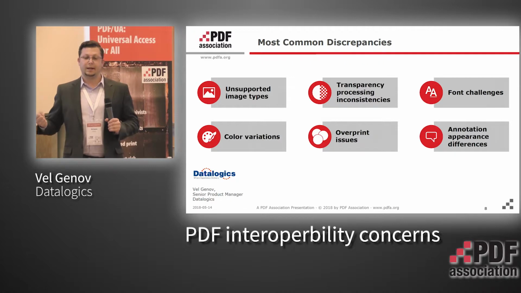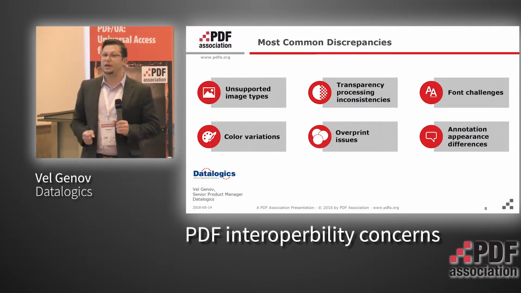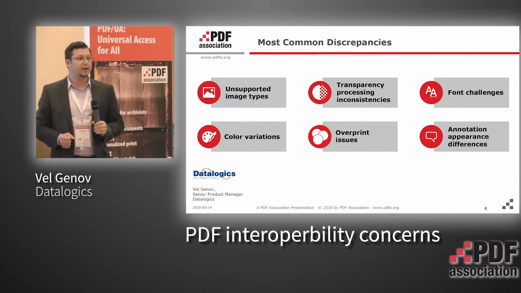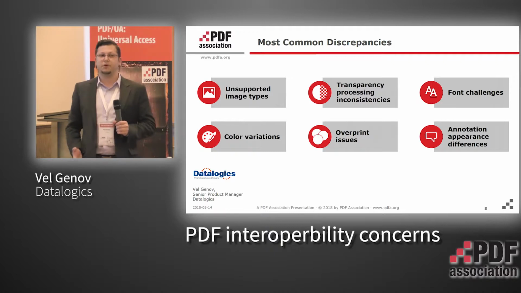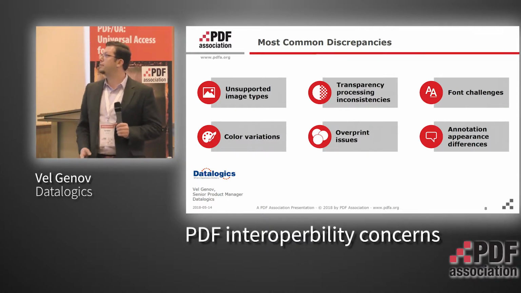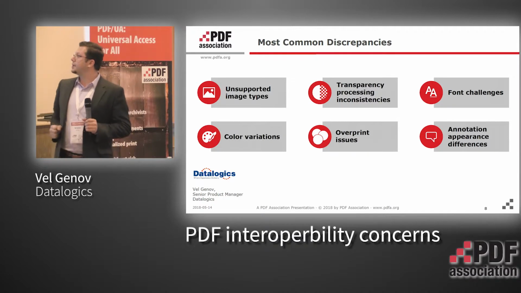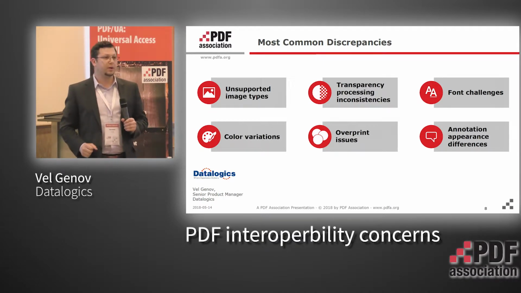Obviously, different processors have a different opinion of how colors are going to interact, and that's where this interoperability comes from. So if a PDF file has overprint in it, it might appear different on different viewers and different tools, which is obviously a problem.